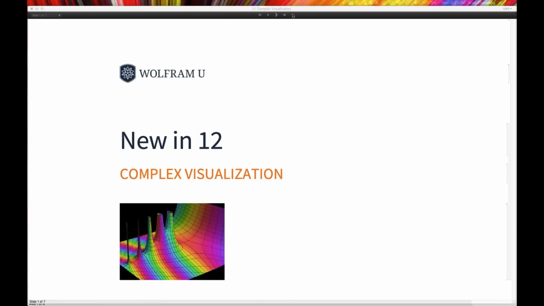And so for version 12, we started working on complex specific visualizations and making it easier to work with complex numbers and complex valued formulas and functions.